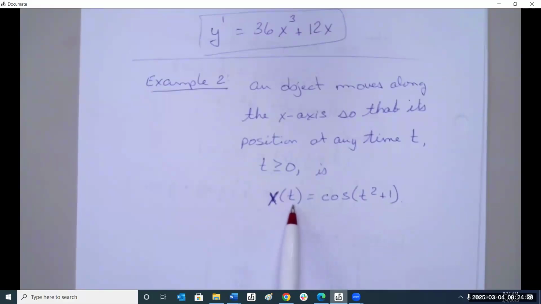Why is there a t inside the parentheses? How come there's x in front of here? How come there's a t inside there? Where is this object moving?